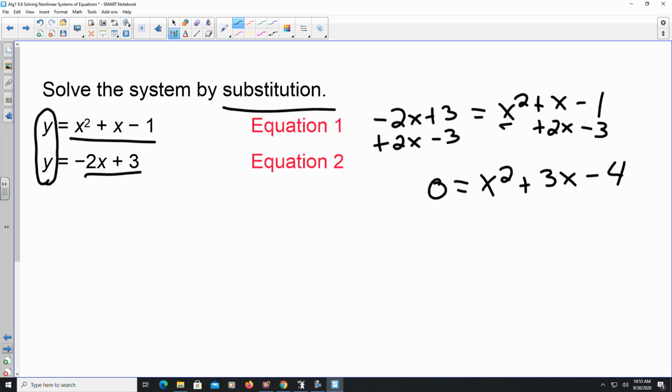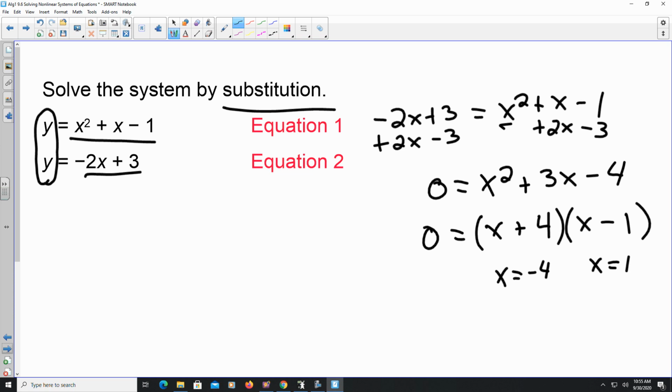So let's see if we can factor it. We go parentheses, parentheses, this is x, different signs, larger number attached to the plus. Are there two values that give me a product of 4, but their difference is 3? Thankfully there is: 4 and 1. 4 times 1 is 4, but 4 minus 1 is 3. So the zero product property tells me that x equals negative 4 and x equals positive 1.